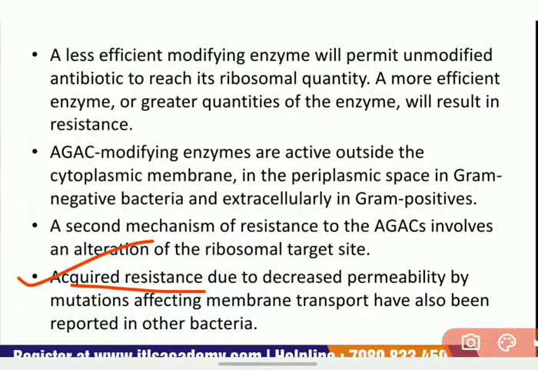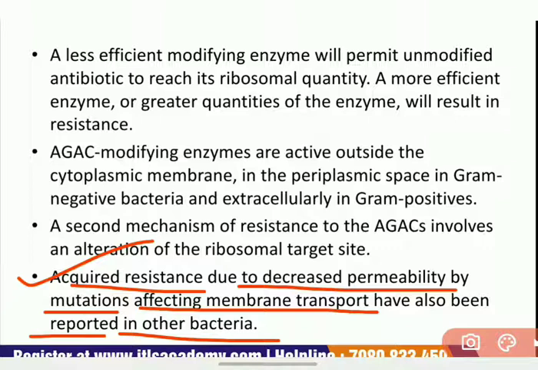Acquired resistance due to decreased permeability by mutations affecting membrane transport has also been reported in other bacteria.